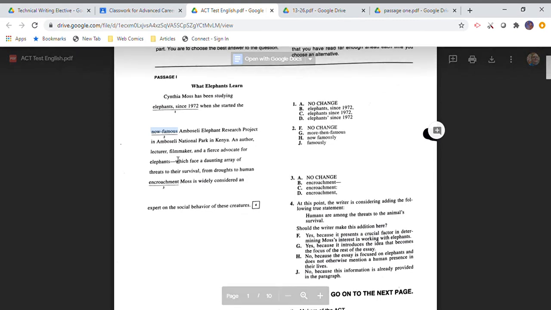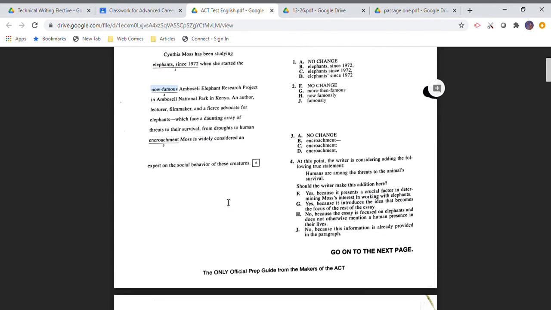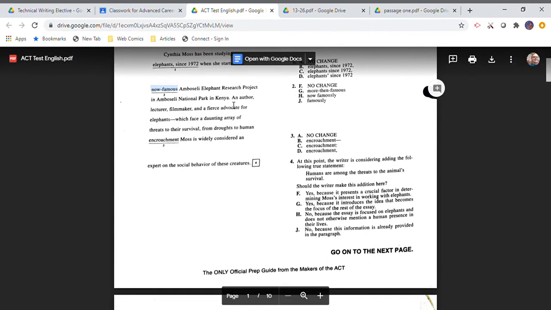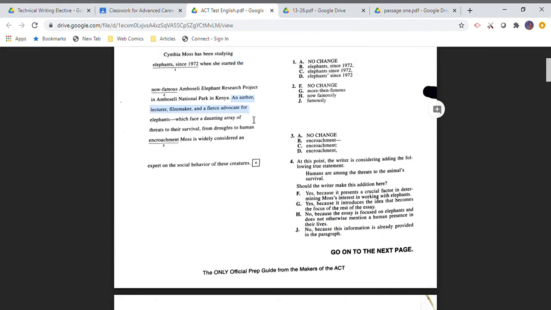An author, lecturer, filmmaker, and a fierce advocate for elephants, which face a daunting array of threats to their survival, from droughts to human encroachment, Moss is widely considered an expert on the social behavior of these creatures. Okay, so this whole thing is an introduction to Moss. An author, lecturer, filmmaker, fierce advocate for elephants.